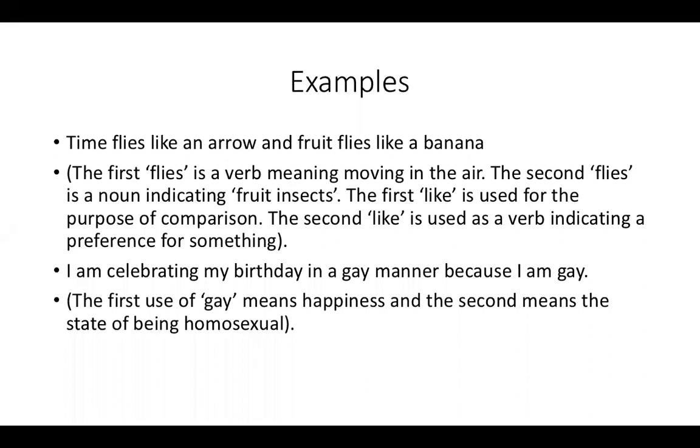The second like is used as a verb indicating a preference for something. Then another example: I'm celebrating my birthday in a gay manner because I'm gay. The first use of gay means happiness, and the second means the state of being homosexual. So the same word in the same sentence is used for different meanings.